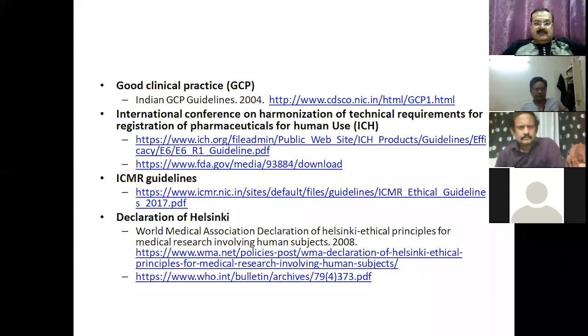Then there are the International Conference on Harmonisation (ICH) guidelines, which are specific to pharmaceutical products and how they should be developed. Then there are ICMR guidelines on ethics, which are available on the ICMR website, and the Declaration of Helsinki, around which all these ethical principles, the Good Clinical Practice guideline and the ICH guidelines are built.